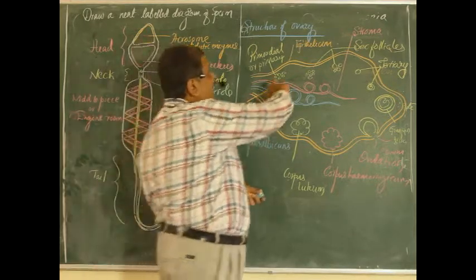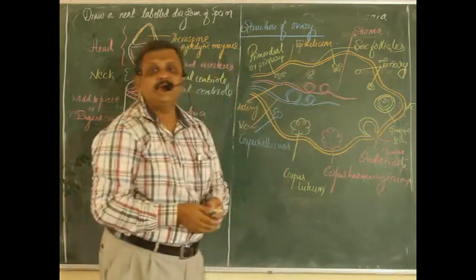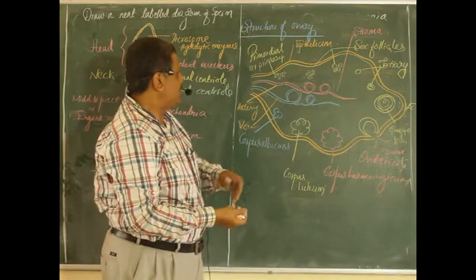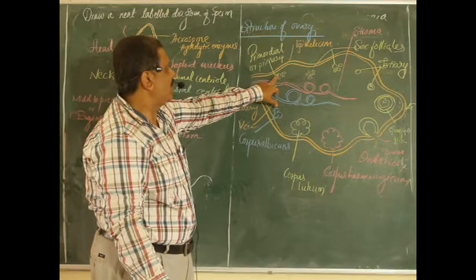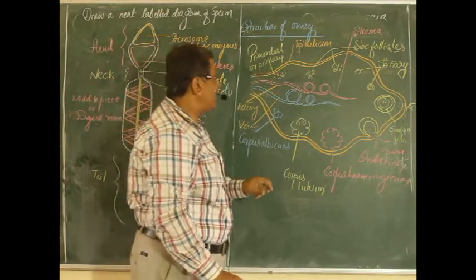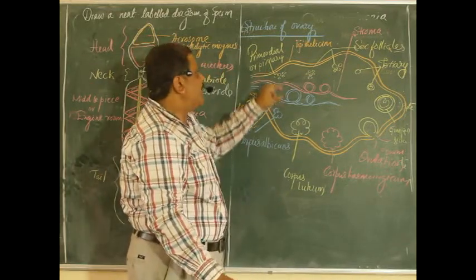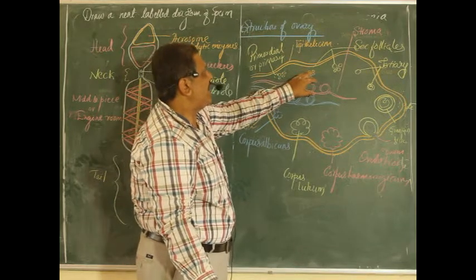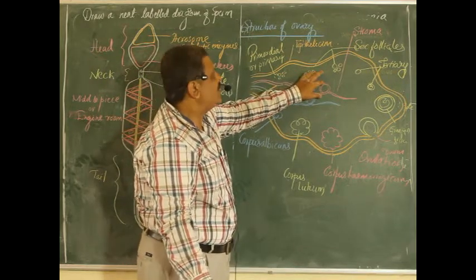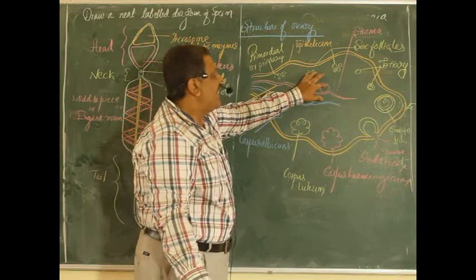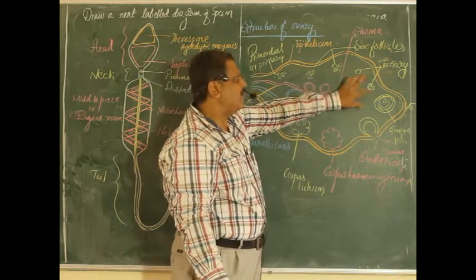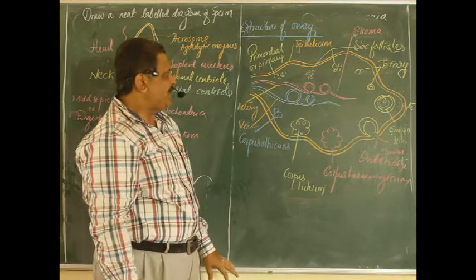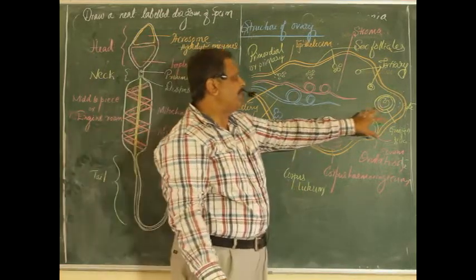And in the peripheral part we can observe the growth of follicles, and these are the miniature follicles, small follicles, which are called primordial follicles or primary follicles. They absorb the nutrients and they develop and convert themselves into secondary follicles, and later after the growth they are converted into tertiary follicles, and after tertiary follicles they develop into the matured follicles.